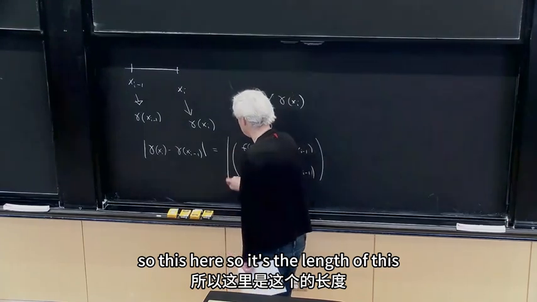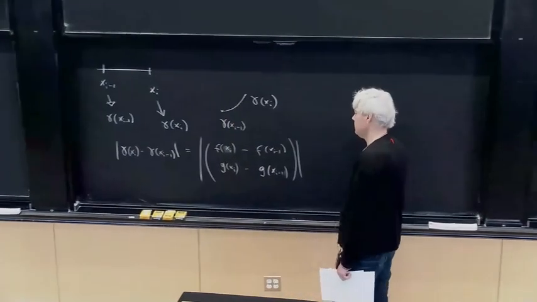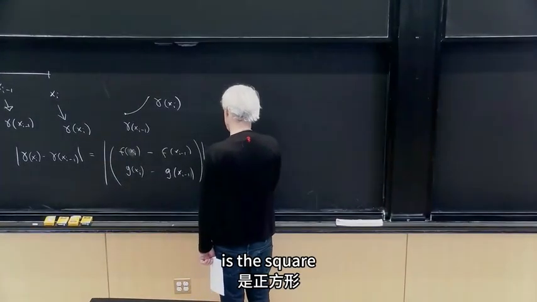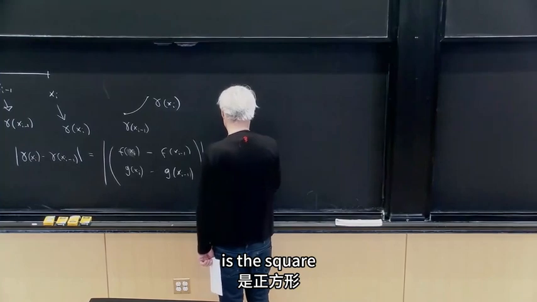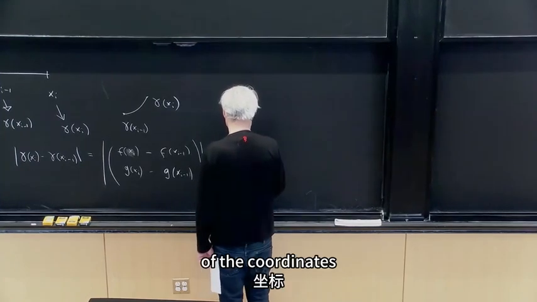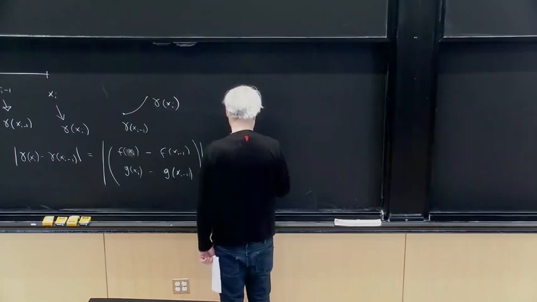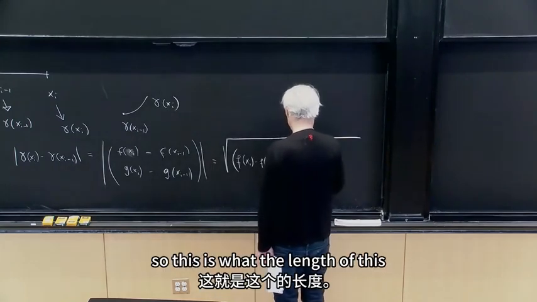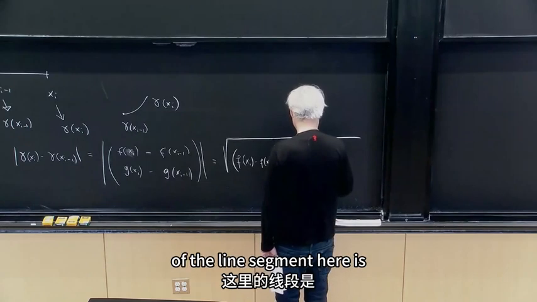So it's the length of this vector, and by Pythagoras that is the square root of the sum of the squares of the coordinates. This is the length of the line segment.